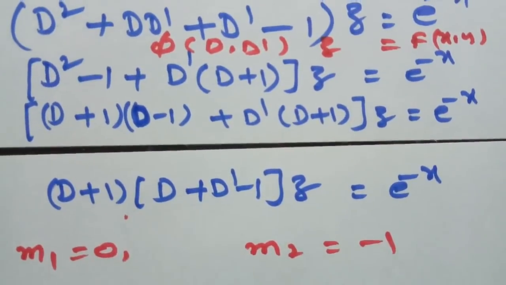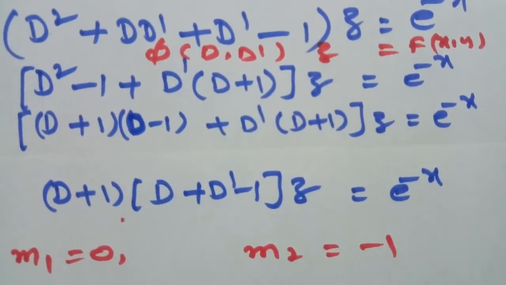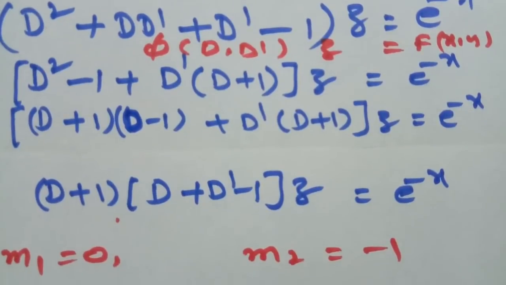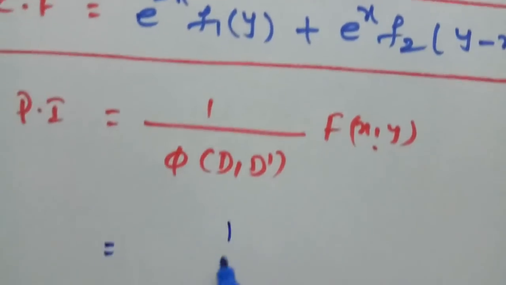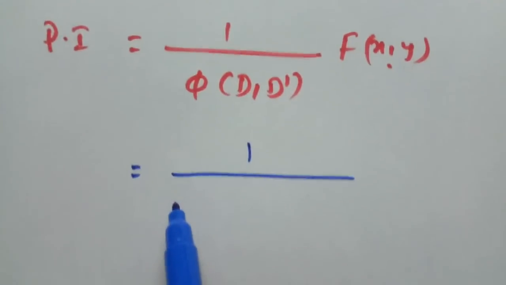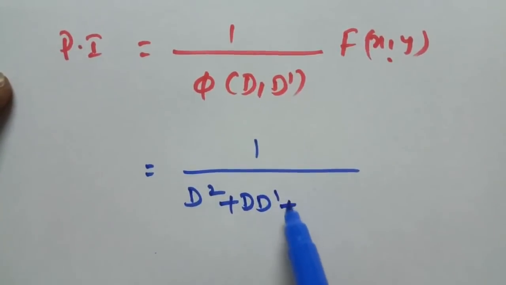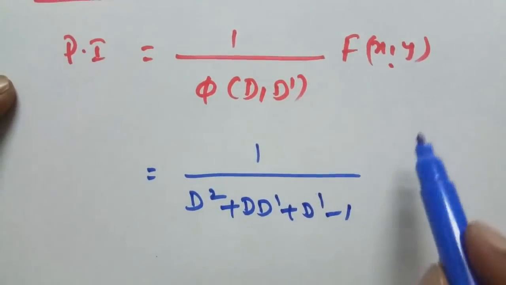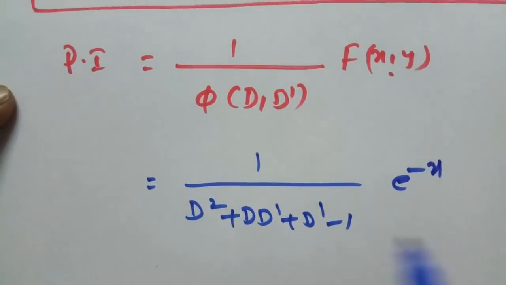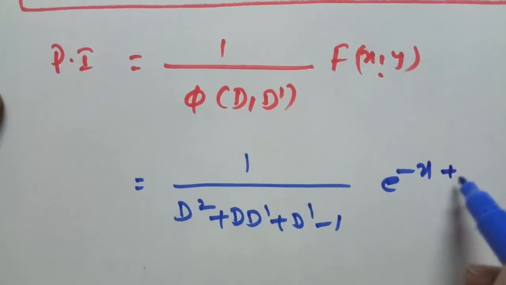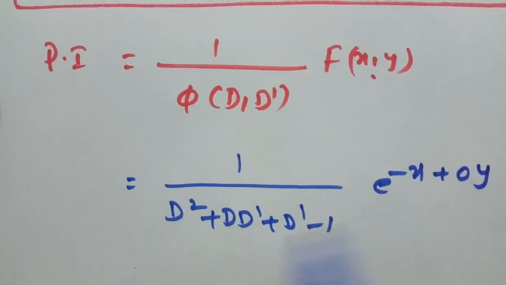Here phi of D, D dash is D square plus D D dash plus D dash minus 1. This can be written as 1 by D square plus D D dash plus D dash minus 1 into f of x comma y, which is e power minus x, and this can also be written as e power minus x plus 0y.